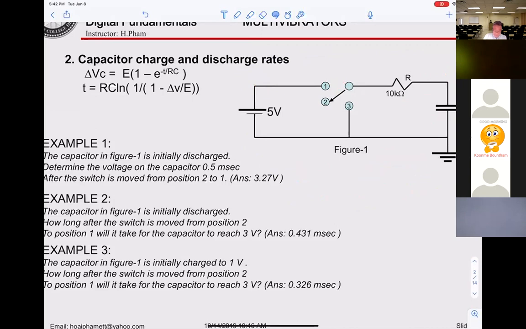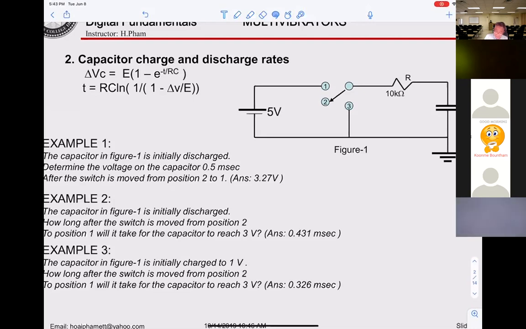Okay? Then example number 2. They still have the capacitor initially discharged. The question is how long after the switch is moved from position 2 to position 1 it takes for the capacitor to reach 3 volt.